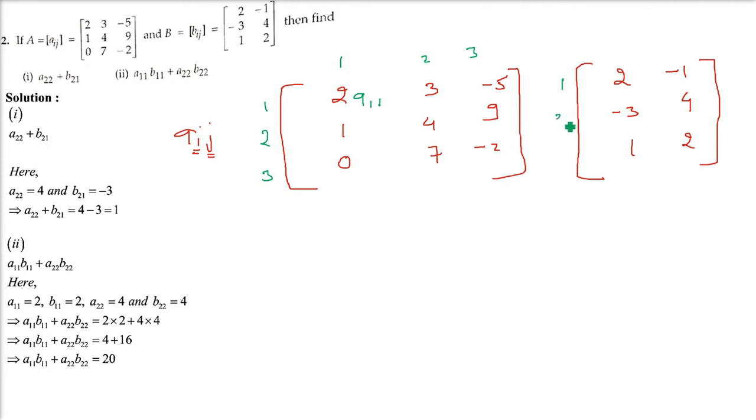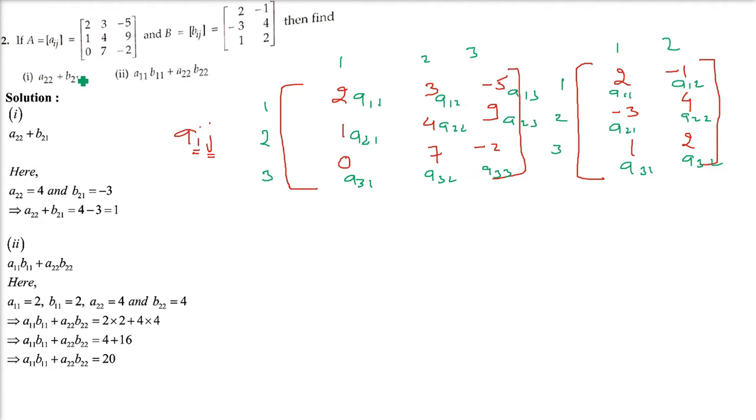Now the intersection of 1 and 1 is A11, subscript 1, 1. Then A12, A13, A21, A22, A23, A31, A32 and A33. Similarly for B, I'll change A to B.